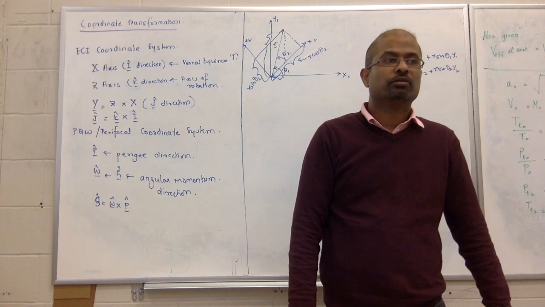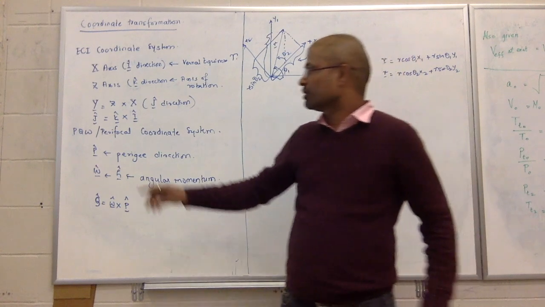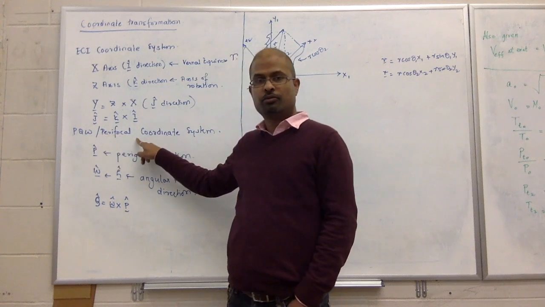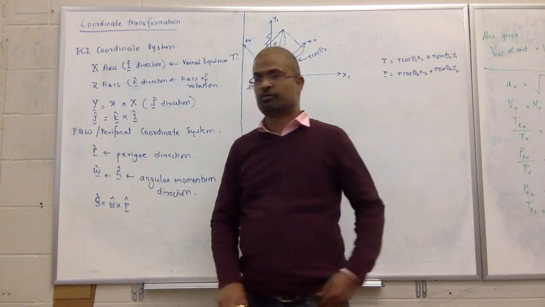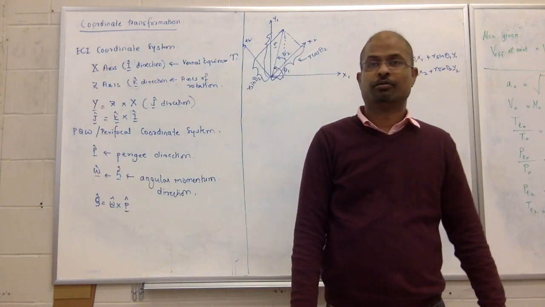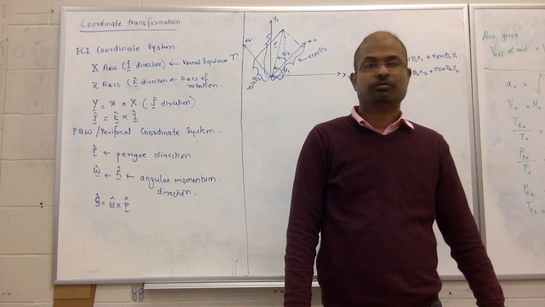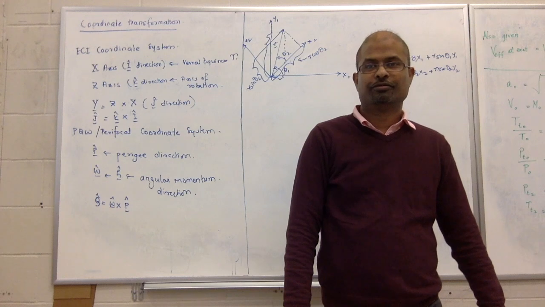Vector R, if it is coordinatized in PQW frame, does not have a W component. That is, R does not have magnitude, just because it's in that frame.